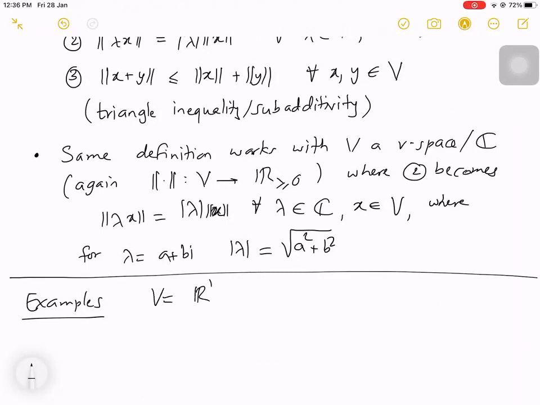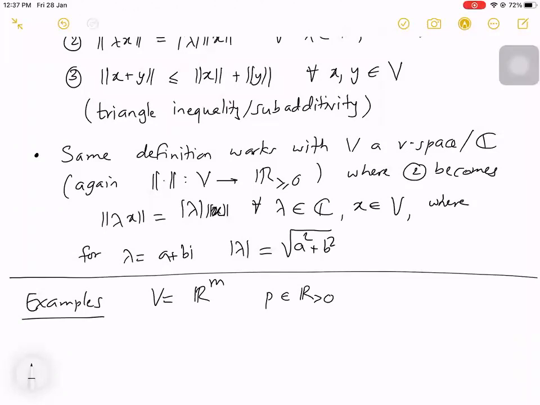V is equal to R^m, a class of examples. And so let us take p to be really any positive number, let us say. Okay.